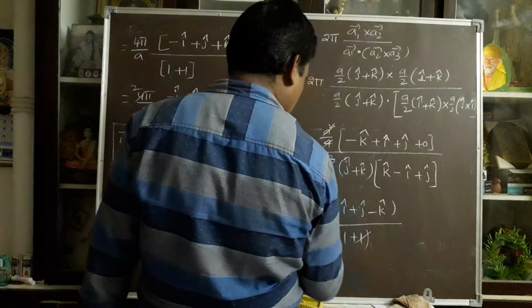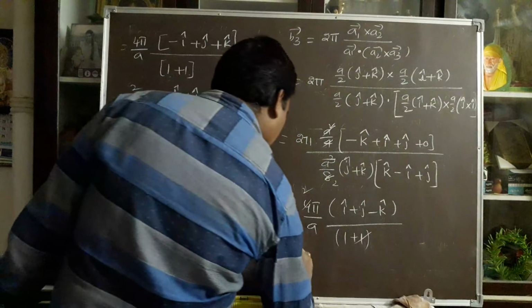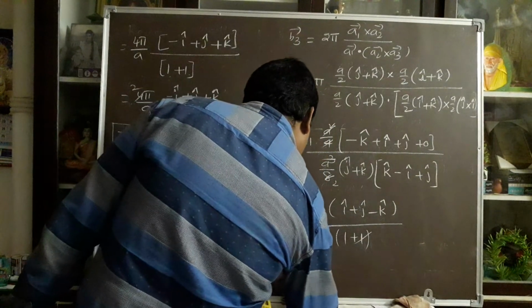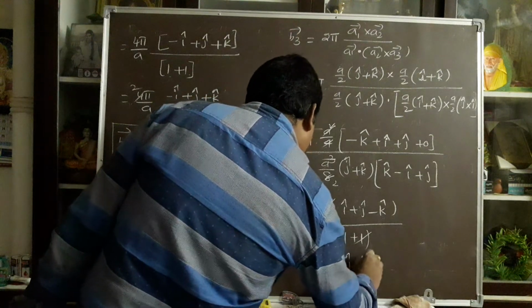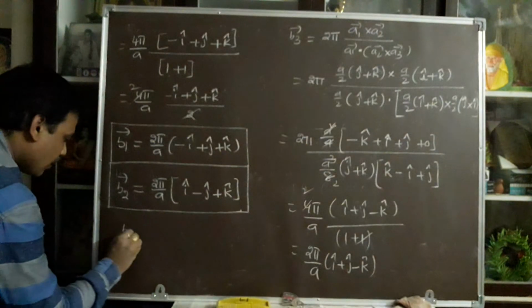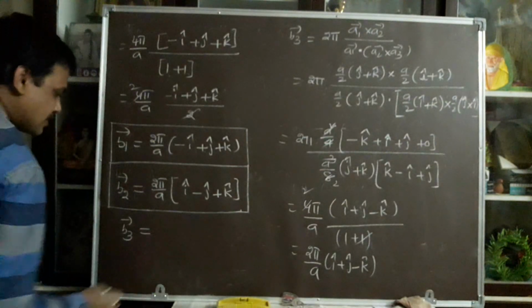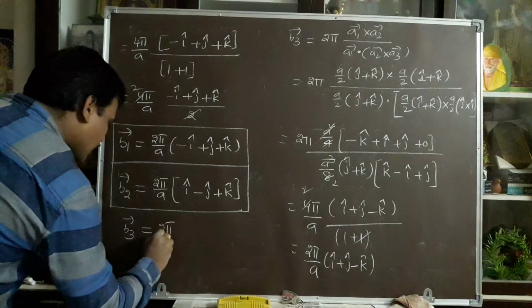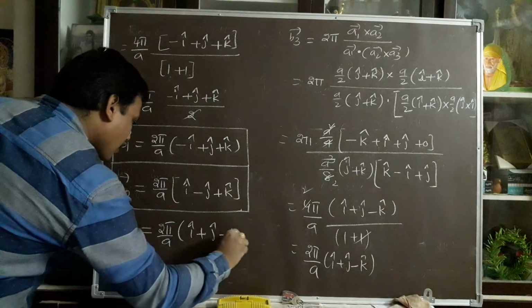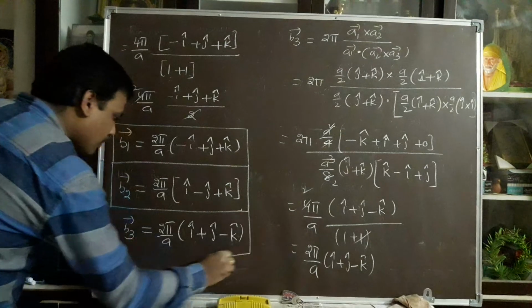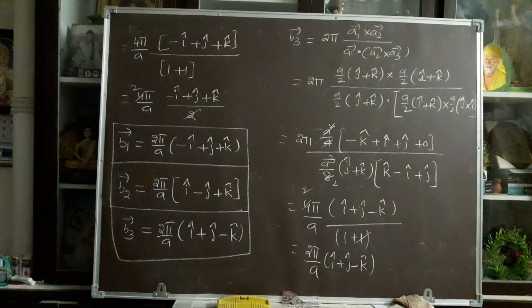This 2 cancelling 2 times, we get 2 pi by A into (I cap plus J cap minus K cap). So finally in FCC structure, the reciprocal lattice vector along z direction is 2 pi by A into (I cap plus J cap minus K cap).